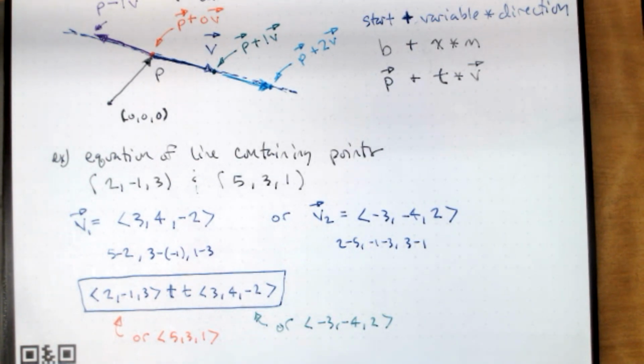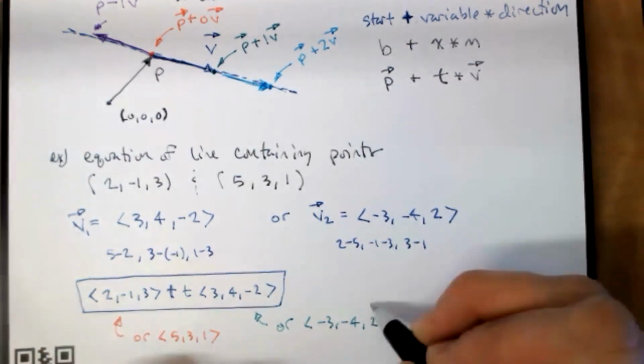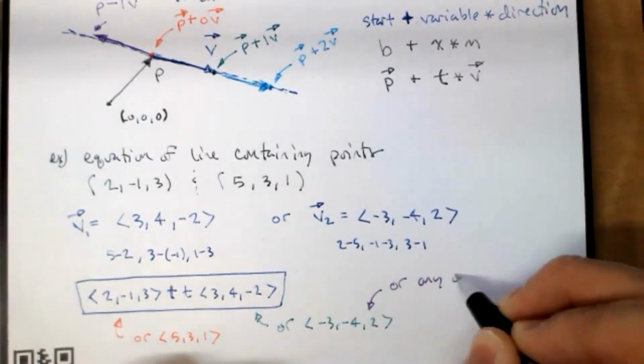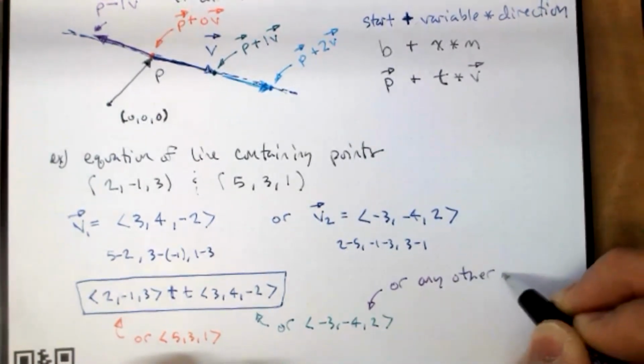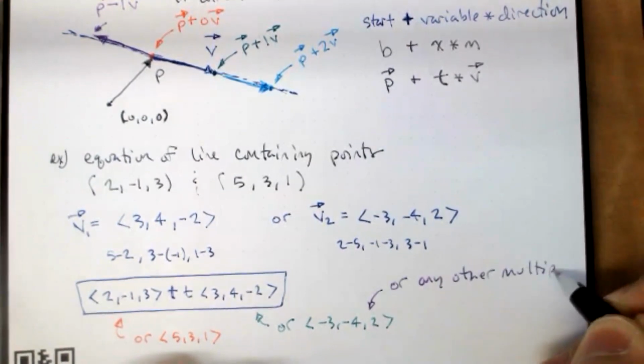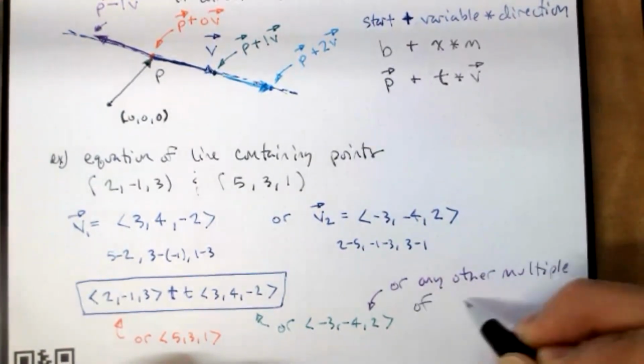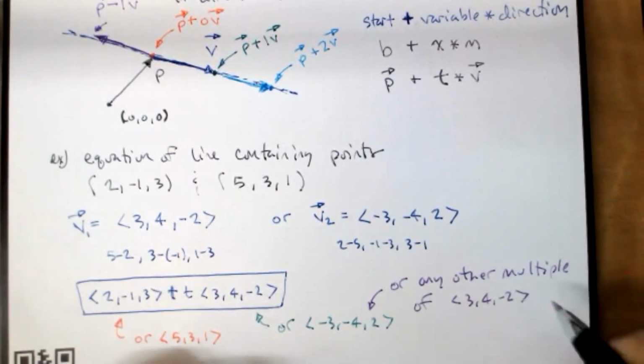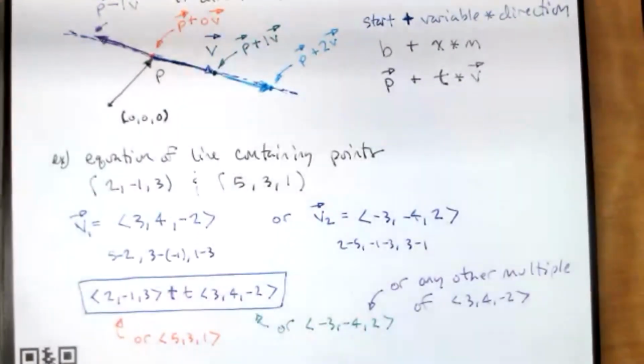Depending on the values of t I want to use, I can use whatever I want. All I care about is the ratio of the i, j, and k components.